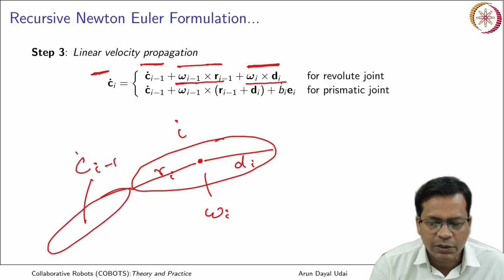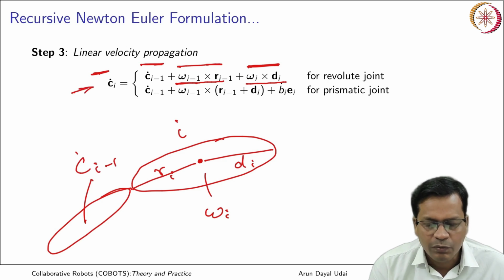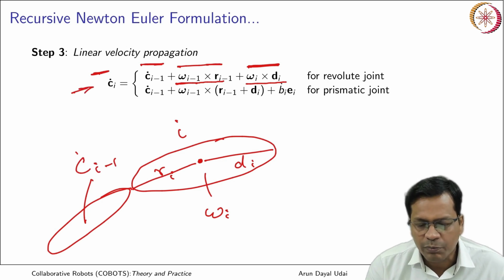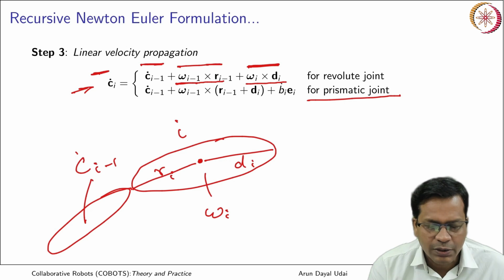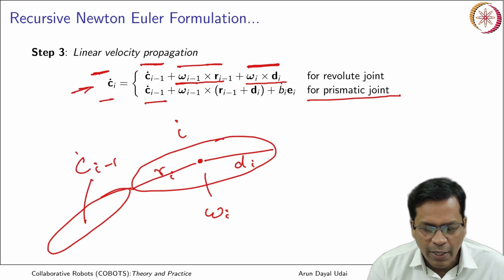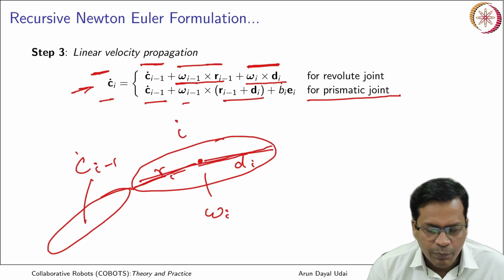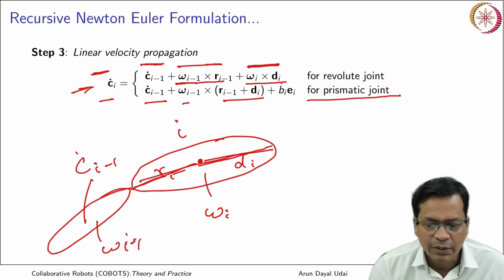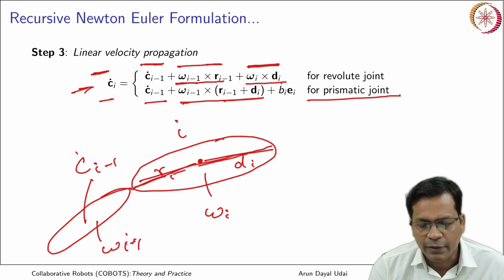So, that comes here, the sum of all those is actually visible here. In case of a prismatic joint, whatever is the previous velocity will come here also, and you have Ri plus Di, that is a single thing, and that is only because of the prior omega i minus 1 that will create the velocity to Ci. Okay.